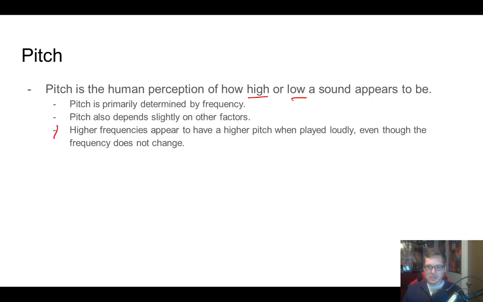For example, and this is a big one, especially if you're a flute, violin, or oboe player playing very high notes, pay attention here: higher frequencies appear to have a higher pitch when played loudly, even though the frequency does not change. That's pretty wild. You could be playing the right note based on a tuner, but people listening might hear it sharp because it appears to have a higher pitch than it actually does, just because of the way the human ear works.